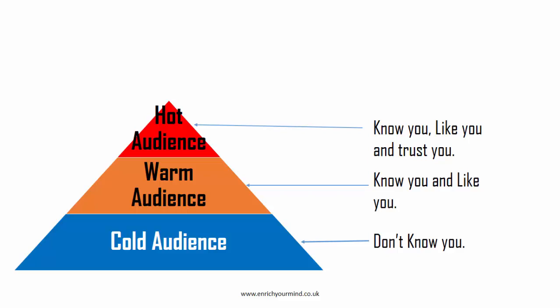So everything you're going to do as an author is to take people from the cold stage to the hot stage where they will eventually buy from you. These are the three stages you will go through in the marketing of your book.